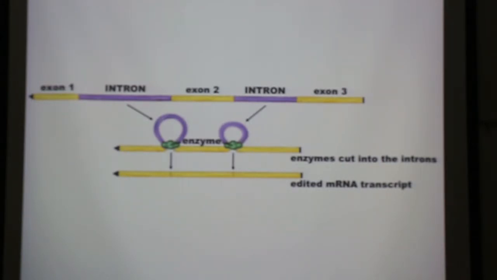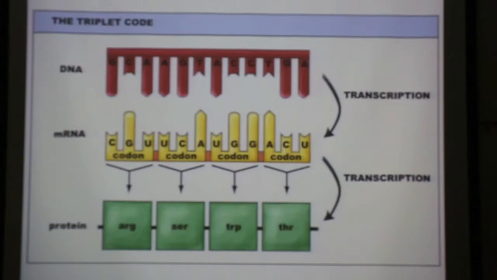There are enzymes that will cut out the introns. You can think of that as the introns going in the trash. This whole process is called mRNA editing, or RNA editing, I should say. When you hook your exons together, that sequence becomes your mRNA, and that's what's going to go out and be read by the ribosomes.